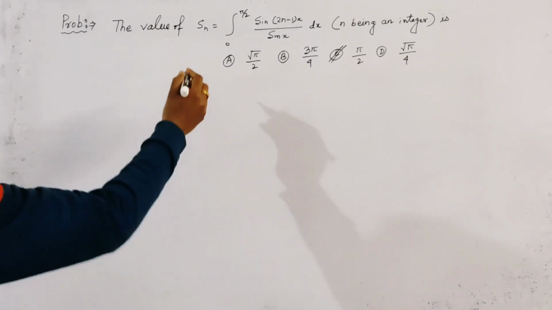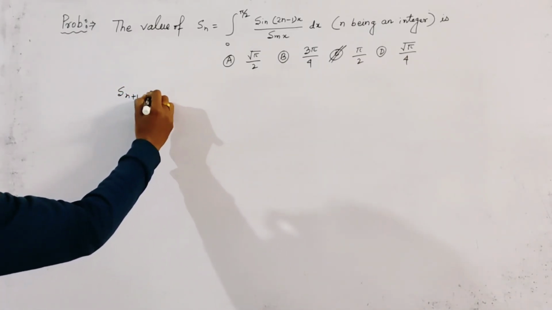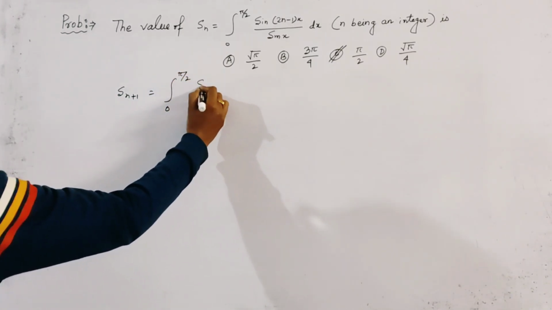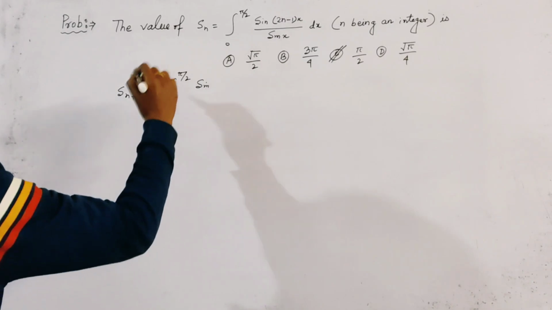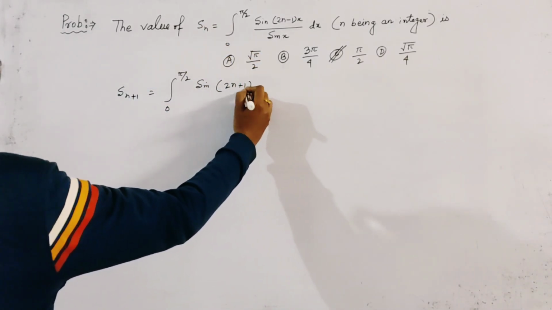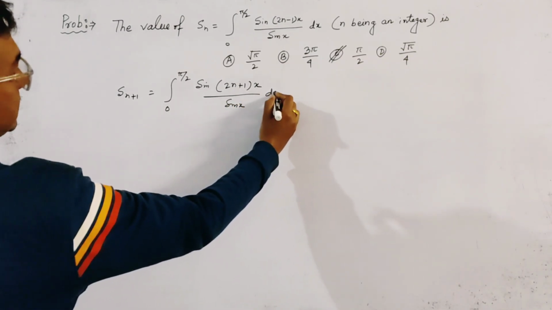How to solve it? We first find Sn plus 1. So this is the integral from 0 to pi by 2. We put n plus 1 in place of n, so we get sine of (2n plus 1)x by sin x dx.